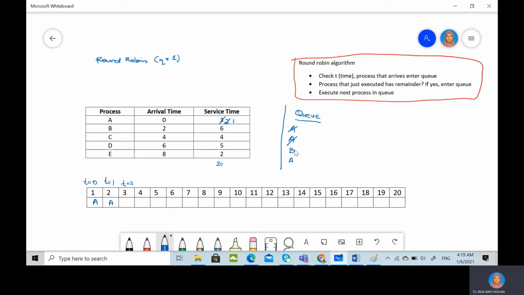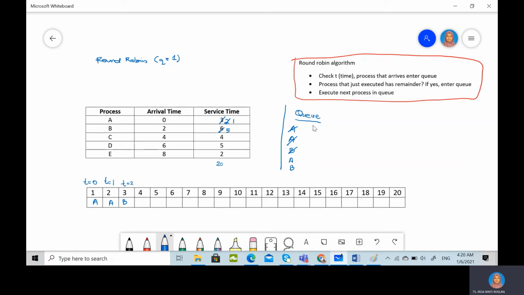Next, execute the next process in the queue, which is B. Now t equals 3. I don't have to write everything here, we just know t equals 3. There is no other process arriving. B, the one executed just now, does it have any remainder? Yes, B has another 5 service time, so put it in the queue.